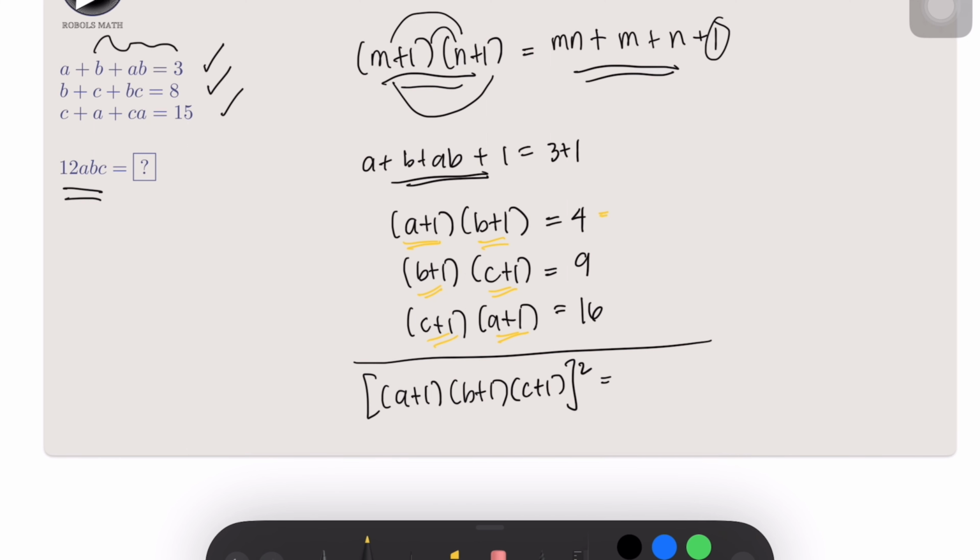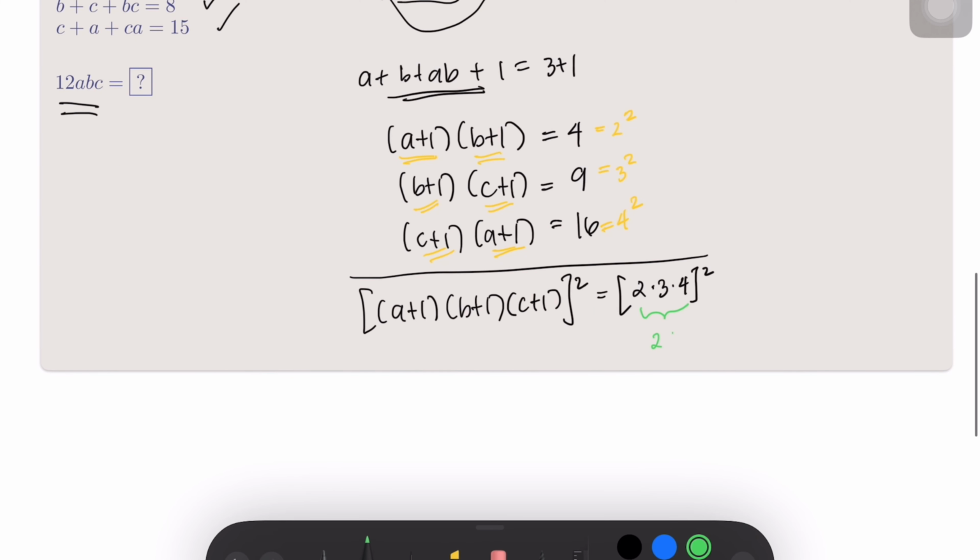Meanwhile, the right side here is equal to 2 squared, 3 squared, and 4 squared. Therefore, their product should be equal to a square as well. So that's 2 times 3 times 4 squared. Of course, this can be simplified to just 24.